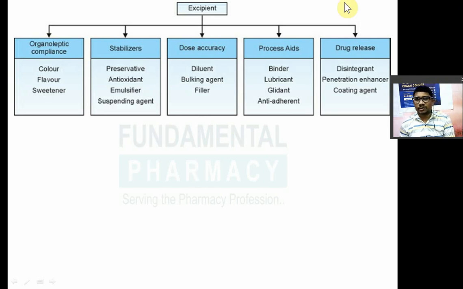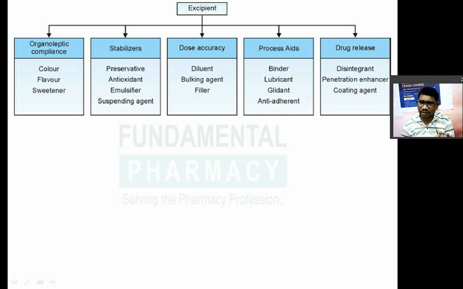So excipient, we already saw this. Excipients means what? While designing a dosage form, say a tablet, capsule, or any other dosage form, along with the API, the active pharmaceutical ingredient, along with your drug, you need some other agents. They are known as excipients.